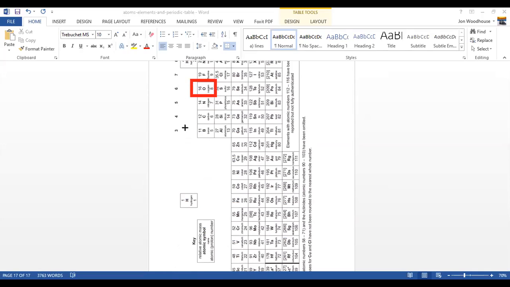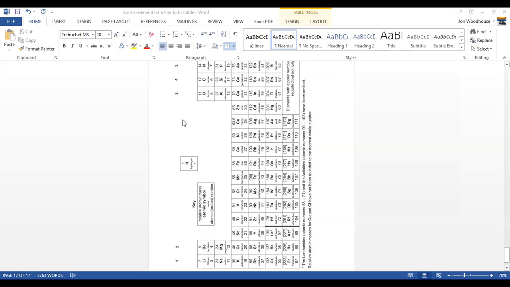These numbers at the top tell you what group they're in. So you can see that this one is group 3, group 4. So each column, apart from this middle section here, has got a number above it, and that number corresponds to its group.